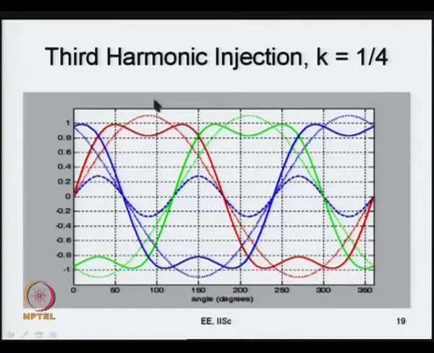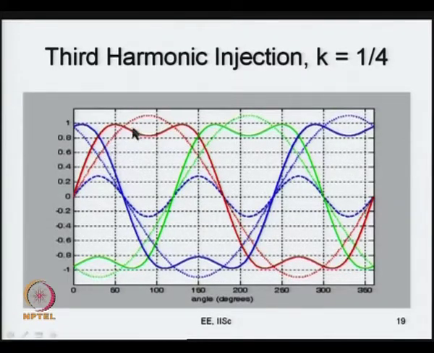The resultant waveform should not go above the limit, that is one reason. K equals 1 by 4 has been found to be optimal in terms of harmonic distortion. What do I mean by that? When I use this sinusoidal modulating signal and add 1 by 4th amplitude, I get the resultant modulating signal, and I do the modulation. Now, I will get some harmonic distortion, a certain amount of RMS ripple current in my line currents.